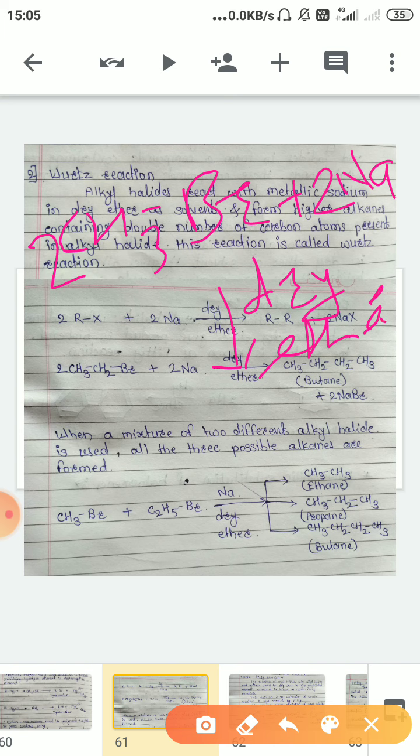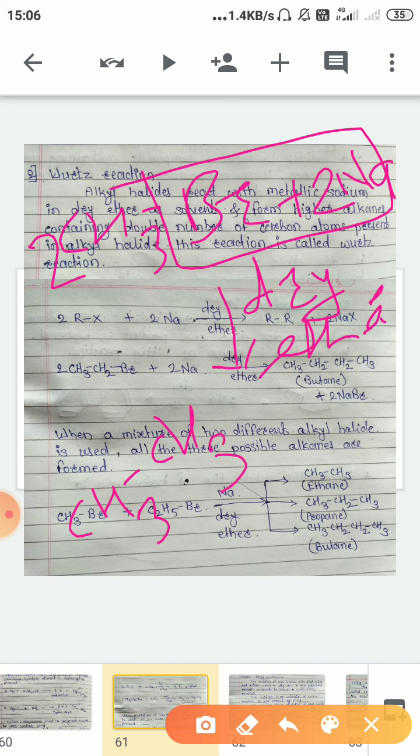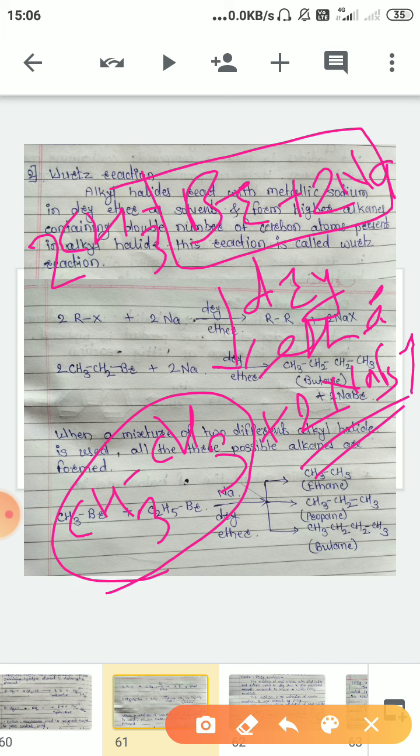So it will give 2 NaBr, and the 2 CH3 combine with each other, giving ethane, CH3CH3, plus 2 NaBr. And this is the higher alkane. Higher alkane means in the reactant only one carbon atom was there, and in the product two carbon atoms are there.